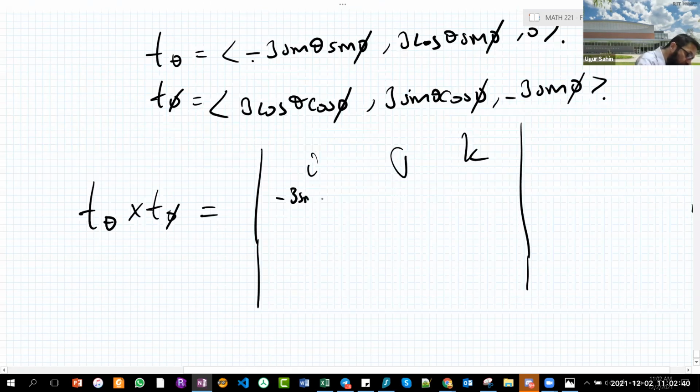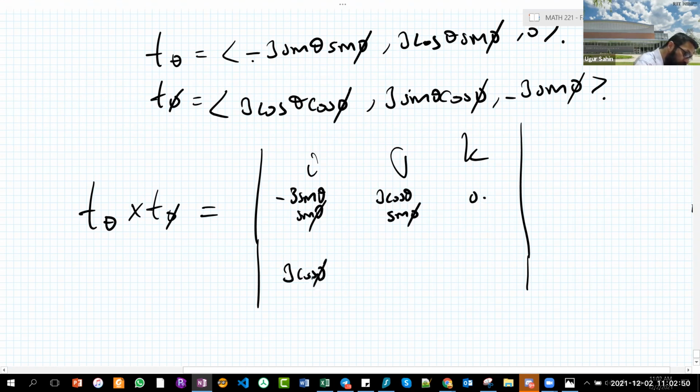The first row is -3 sine theta sine phi, 3 cosine theta sine phi, 0. The second row is 3 cosine theta cosine phi, 3 sine theta cosine phi, and -3 sine phi.